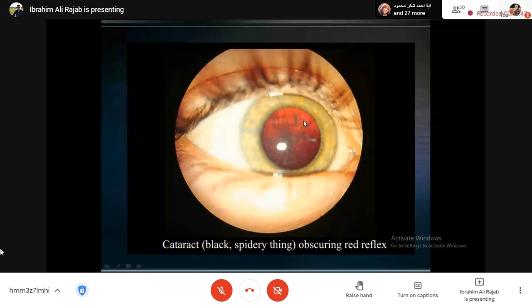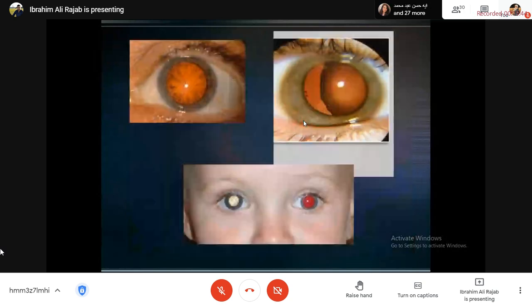This is due to cataract. Also, you notice in the upper image on your left side, there is also opacity in the red reflex. On your right side, you notice also an abnormal red reflex. This is due to subluxation of the natural lens inside the eye of the patient.